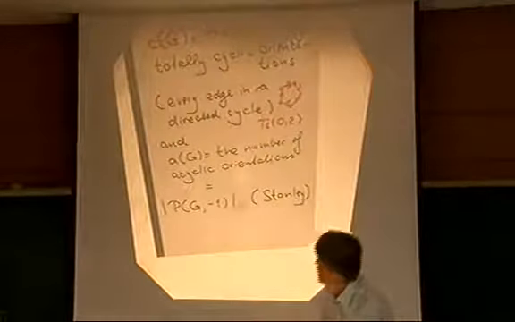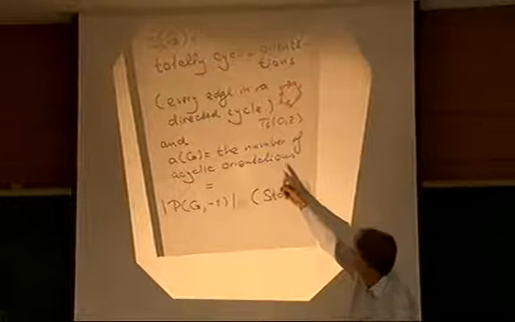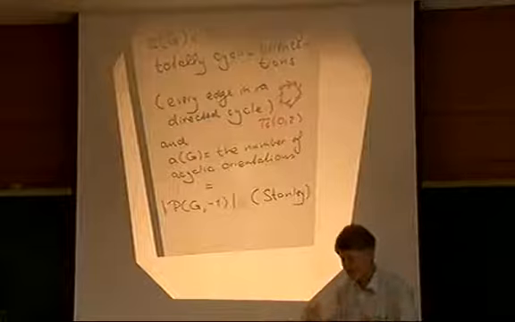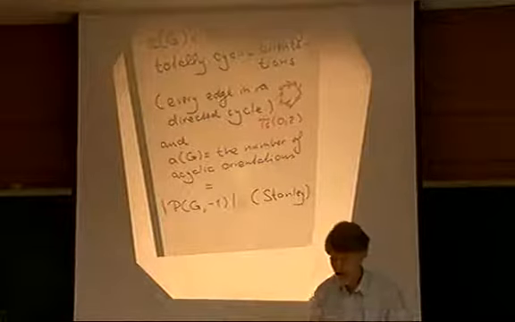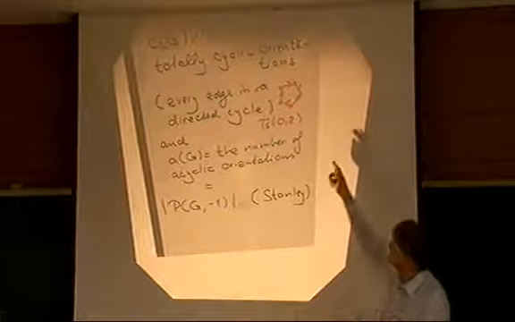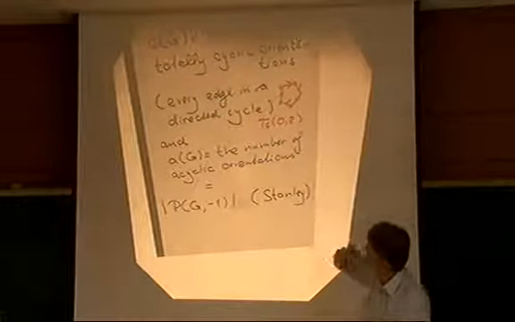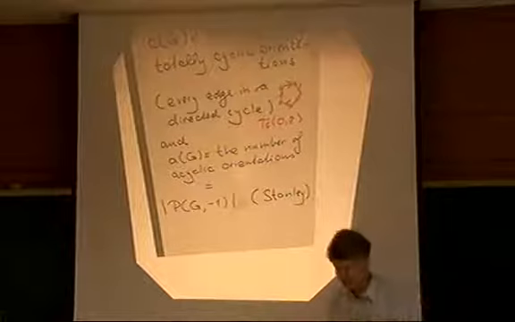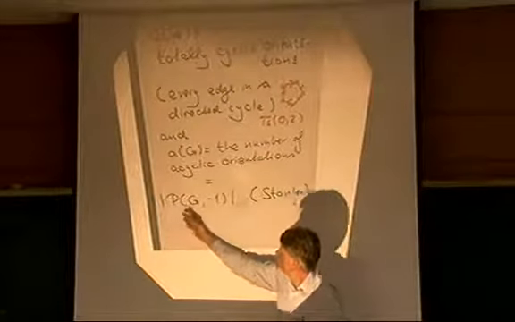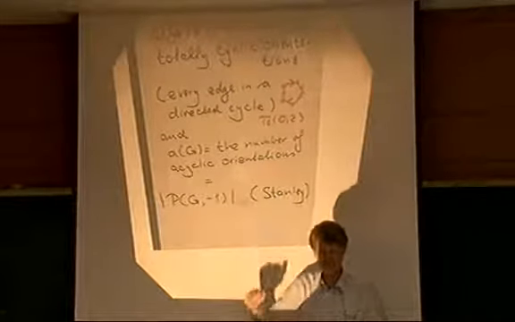Then there's also this number, the number of acyclic orientations. You have a graph and you want to give every edge an orientation. And now you don't want any cycle of this type. It should be acyclic. This means you're not allowed to have any cycle of this type. And the number of such orientations, this is a famous formula by Richard Stanley. That's the chromatic polynomial of the graph evaluated at -1.